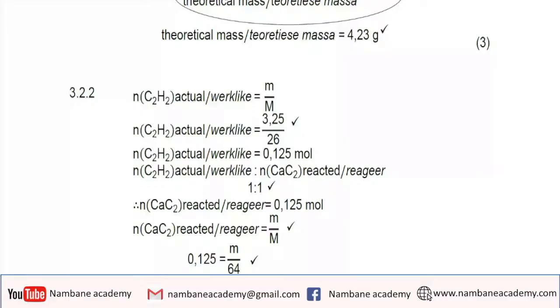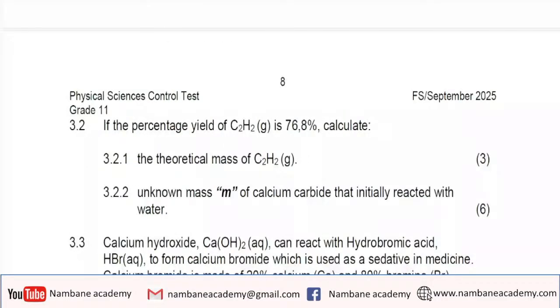3.3, it says calcium hydroxide, Ca(OH)2, can react with hydrobromic acid to form calcium bromide, which is used as a sedative in medicine. Calcium bromide is made of 20% calcium, 80% bromine. Determine the empirical formula of calcium bromide.